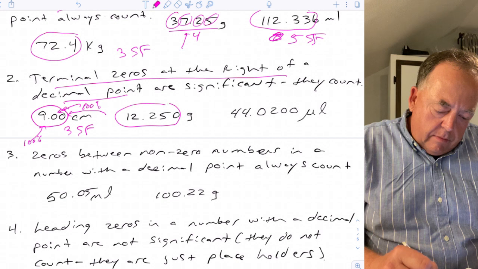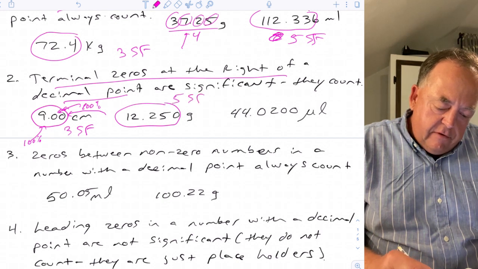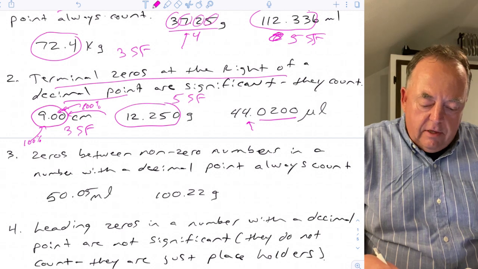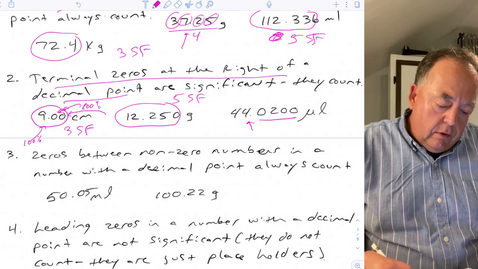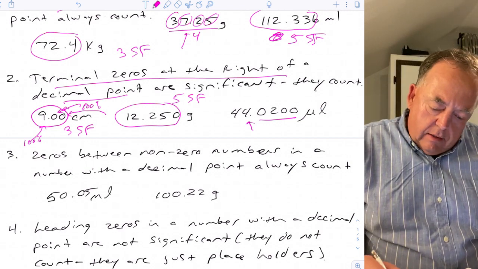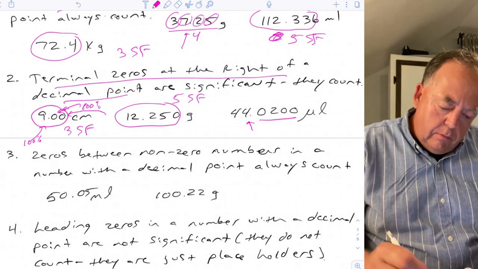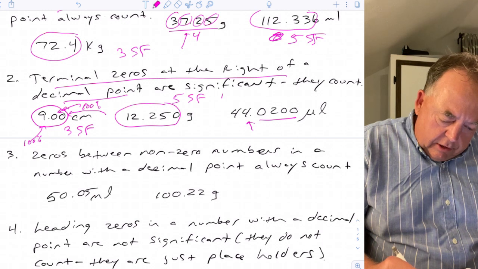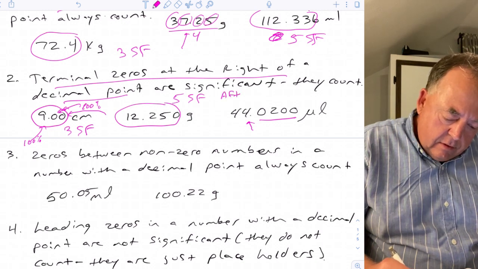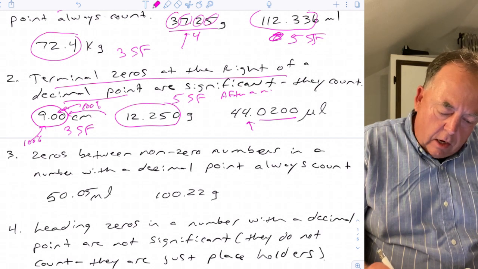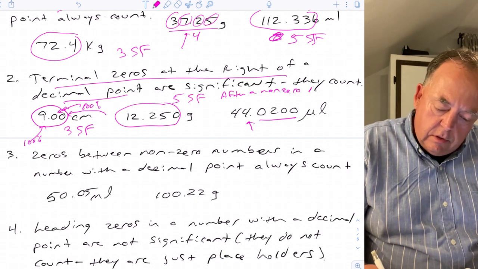Okay, so this would have 5 significant figures, and for this one, all of these zeros are after a decimal point and after a non-zero number, so they all count. Terminal zeros at the right of a decimal point, and we should also include here after a non-zero number.